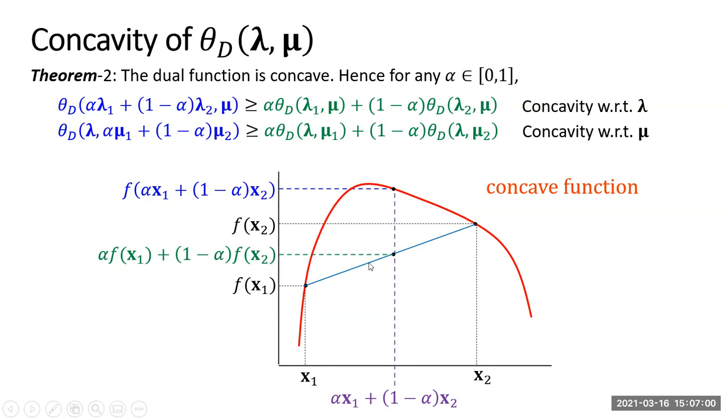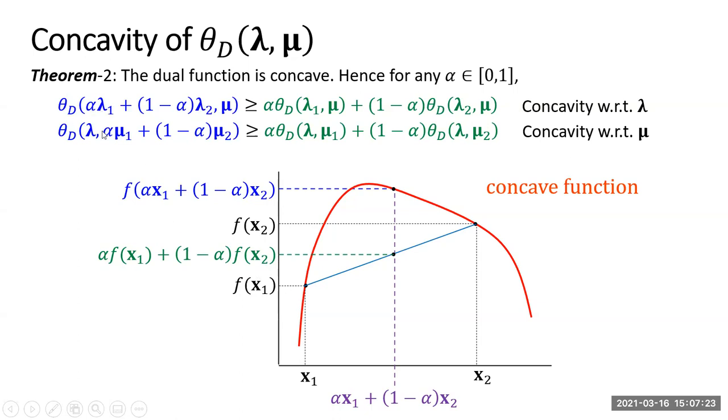And if I join these two points with a straight line, then this point is alpha times f of x1 plus 1 minus alpha times f of x2. So this is f of x1 and f of x2. Okay, and so we have to show this.